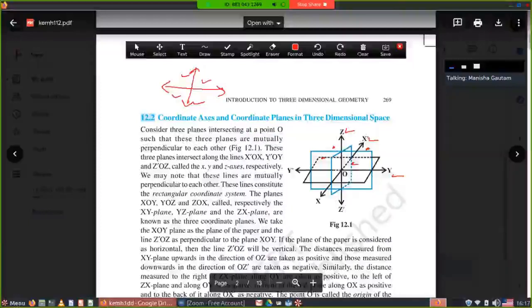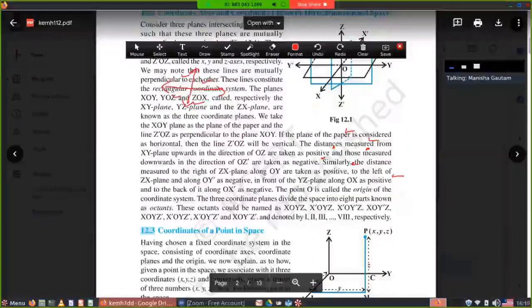It means four rooms are downward and four are upward of the Y'OY. It means total 8 parts you will get when three mutually perpendicular lines intersect each other. So we can say that an octant is obtained when three mutually perpendicular lines intersect each other at point O.